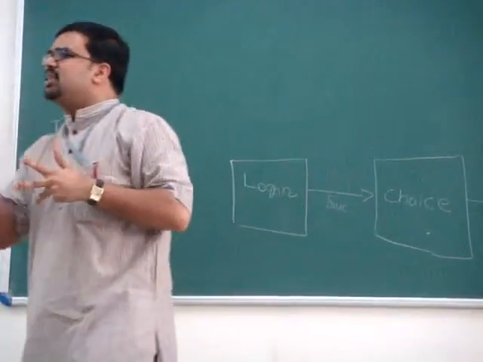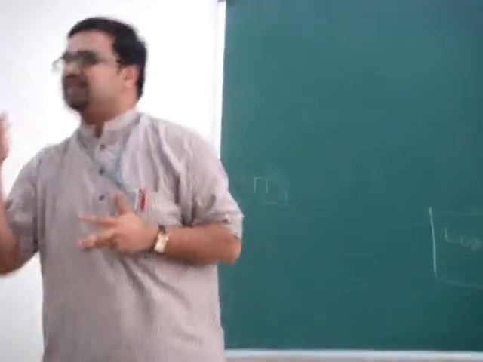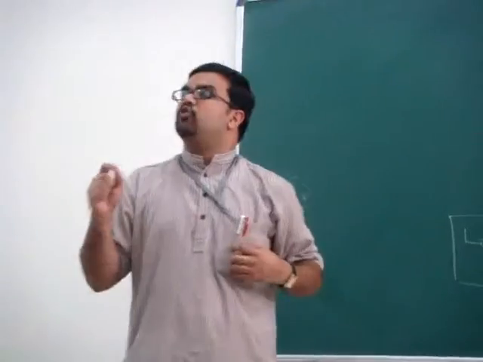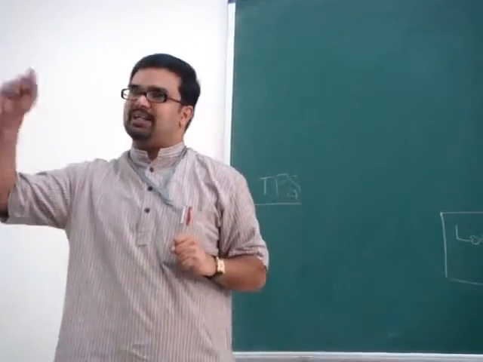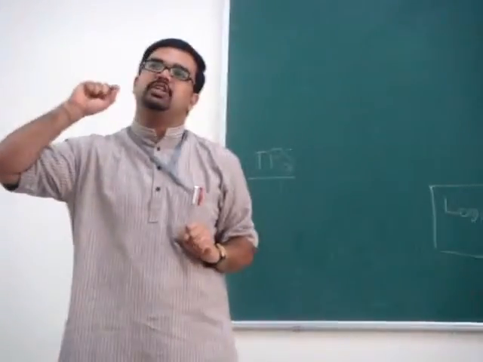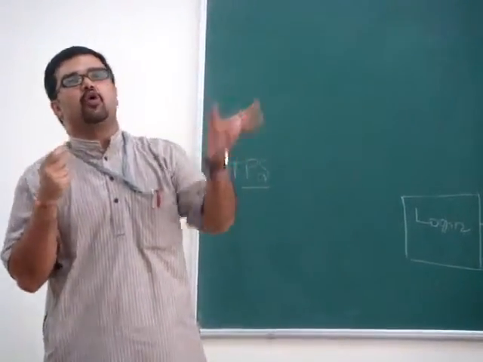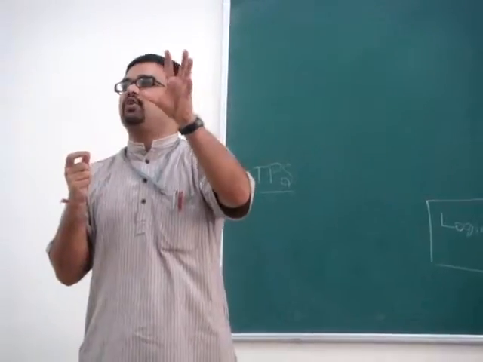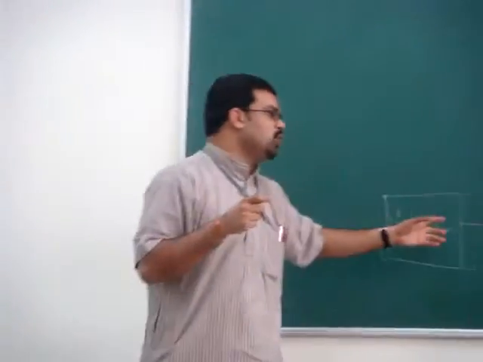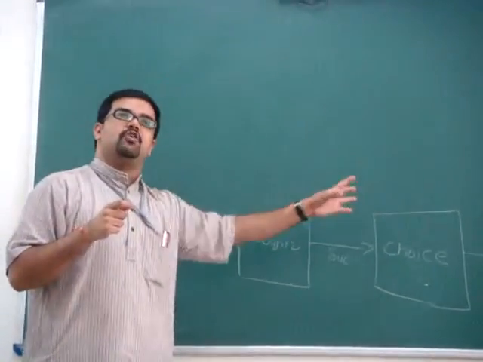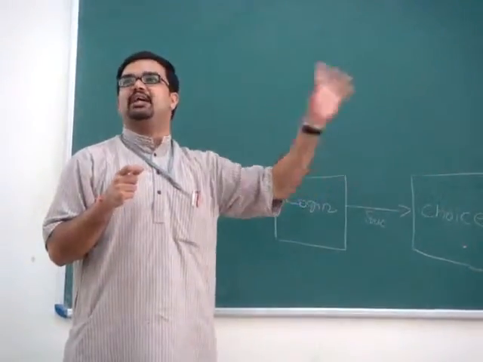So, in transaction processing system, we always suggest that source data automation, that is the word we use, is always preferred. Source data automation means at the source itself you take the data the way you want. Here you want the data in a digital form, so as far as possible take the data in that form.